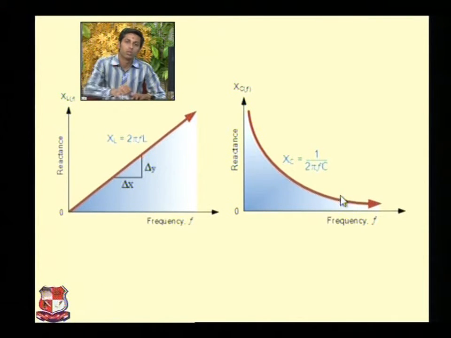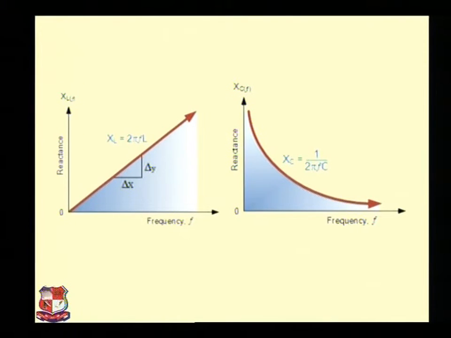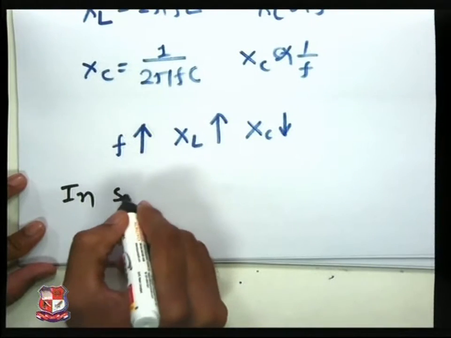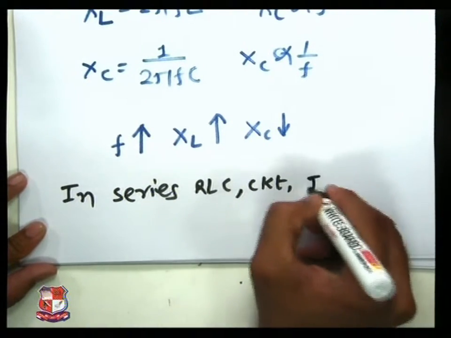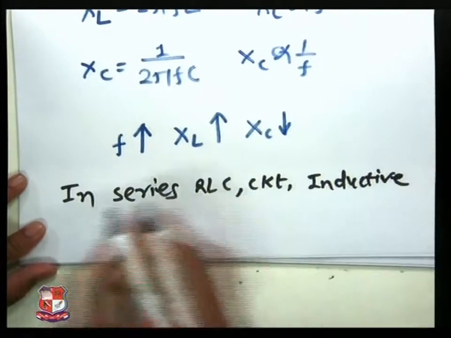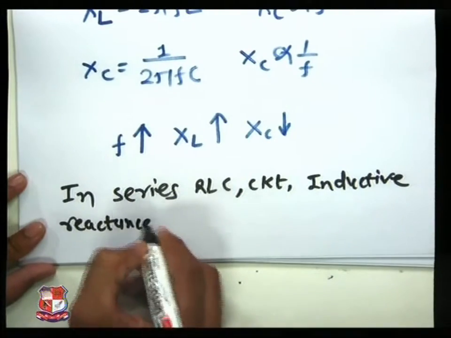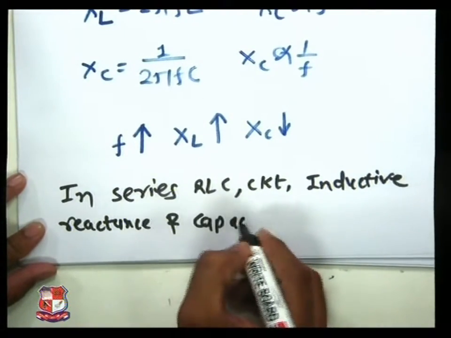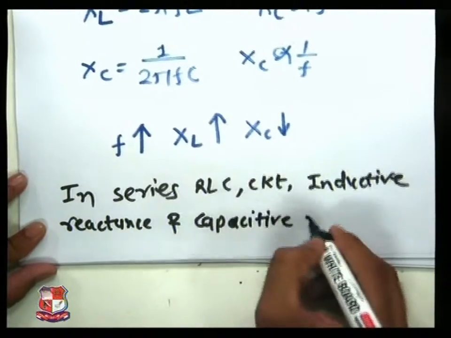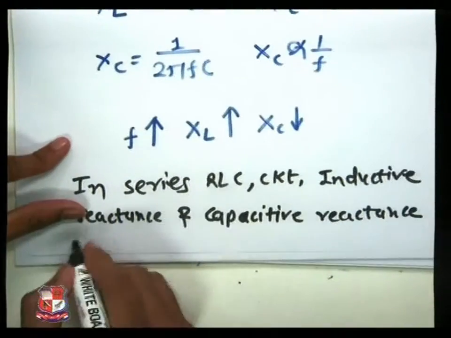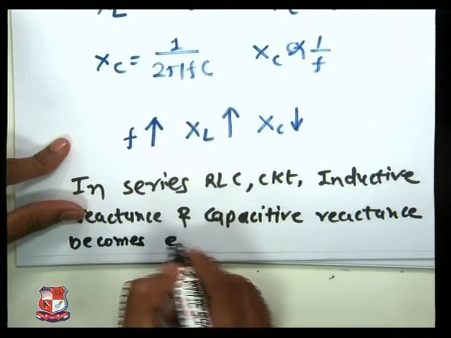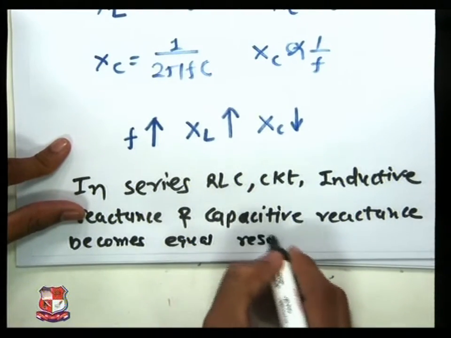Now what is resonance, or how does series resonance occur? In a series RLC circuit, when inductive reactance and capacitive reactance become equal, resonance occurs.